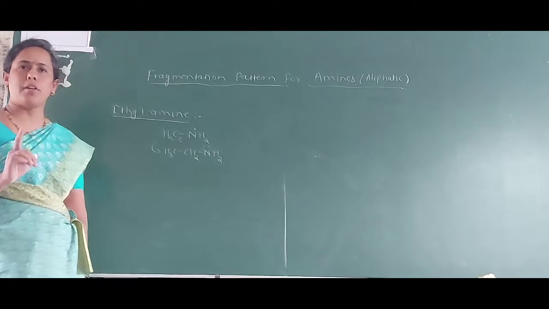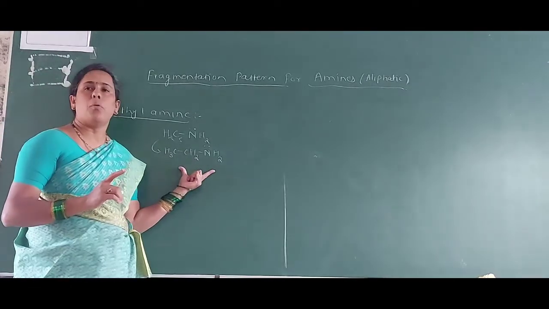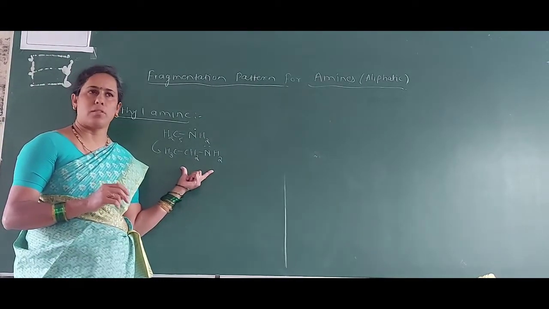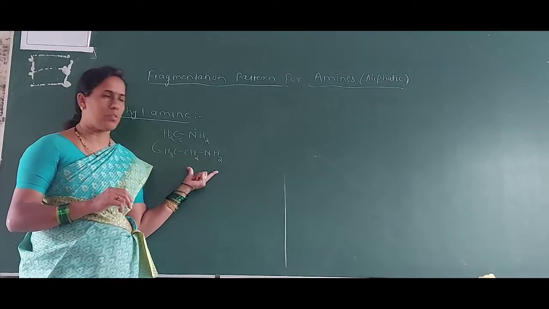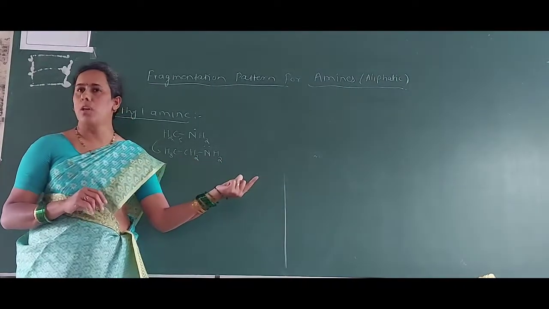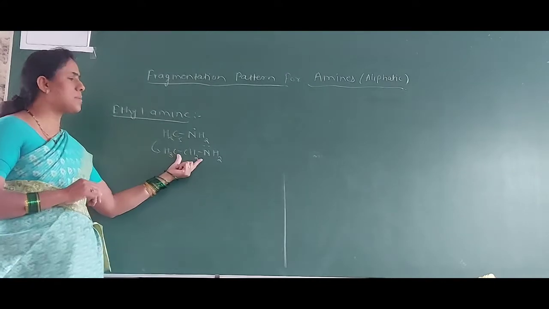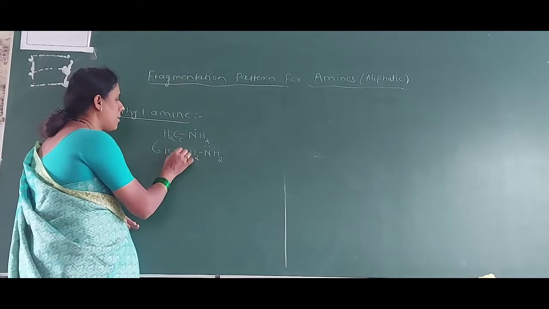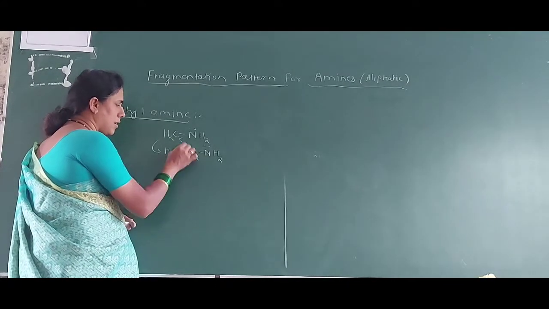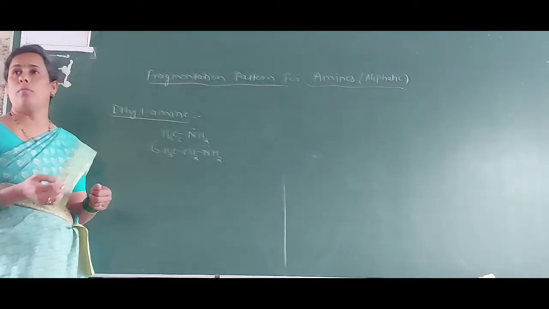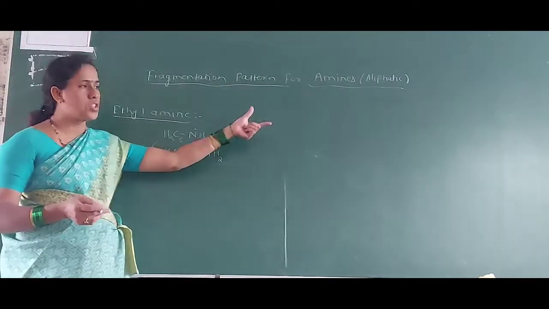The first step is that the compound undergoes bombardment of electrons with high energy, that is 70 electron volt, to form the molecular ion. The next steps depend on which alkyl groups are present and which alkyl group we have to cleave from the peak pattern given to you.